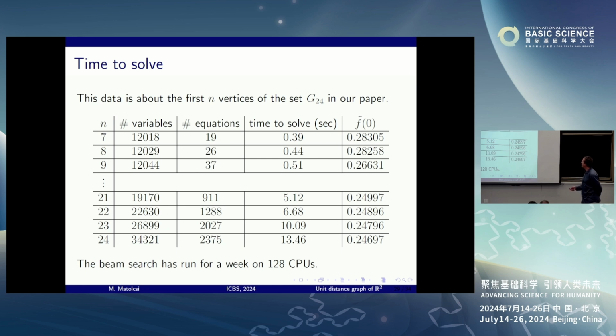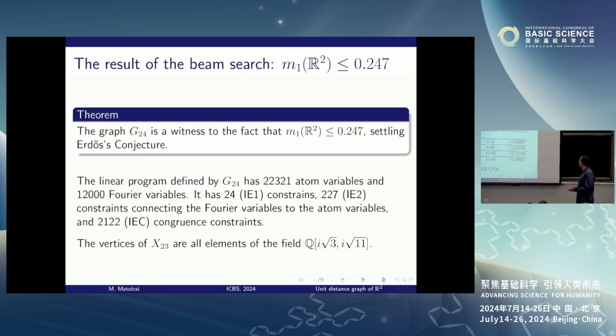The number of variables goes up to 30,000 and the number of equations to 2,000 or so. And the time to solve is something like 13 seconds. And the actual beam search has run for a good week on 128 CPUs. So it was a non-trivial computer search.